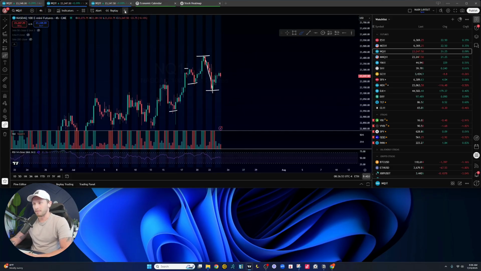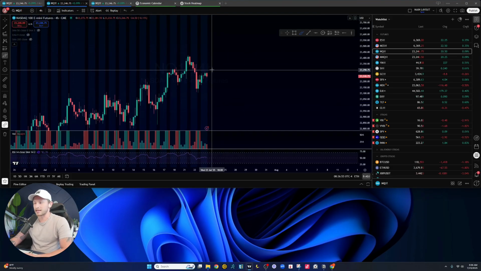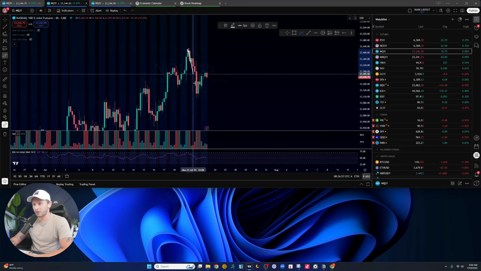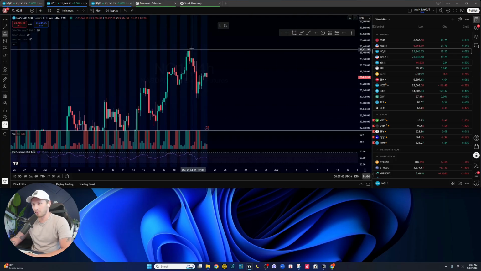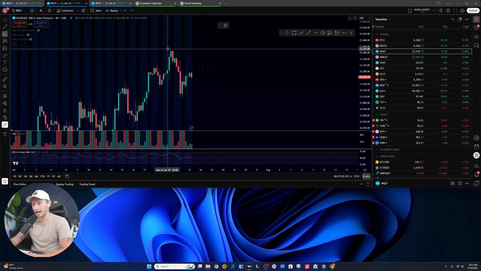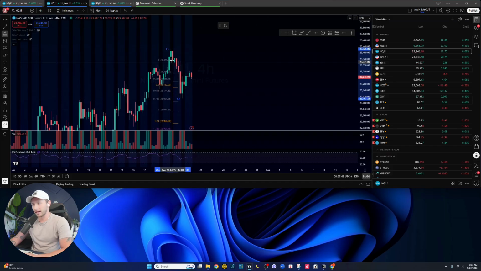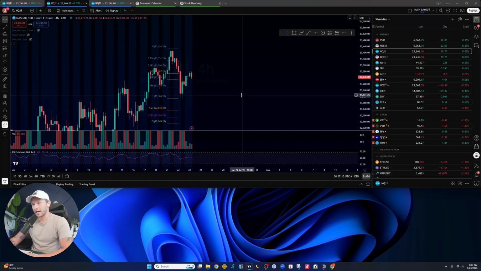All right. So what are some pieces of analysis that we can do? Well, when I see the first clear leg to the downside, I know I can put a Fibonacci extension to mark up this leg from this swing high up here down to this swing low, back up to the swing high. Okay.